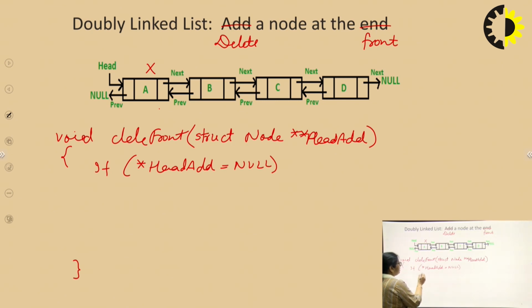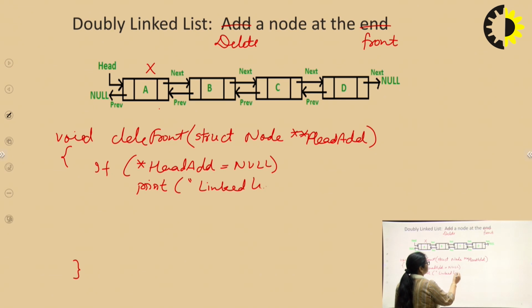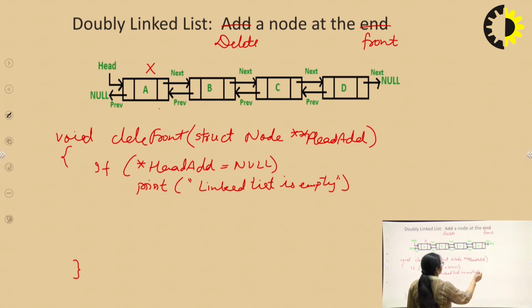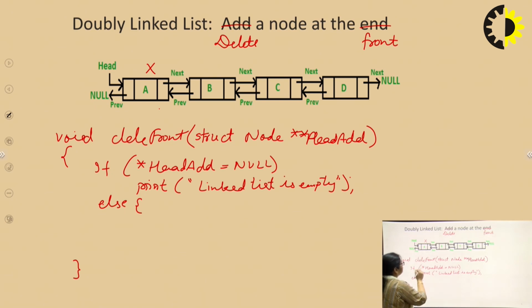Then simply print linked list is empty. Else, if it is not null, it means we have a node here. So we will take it in temp.